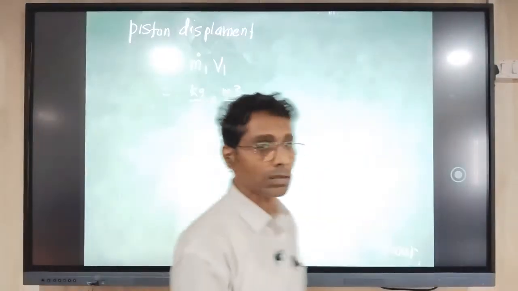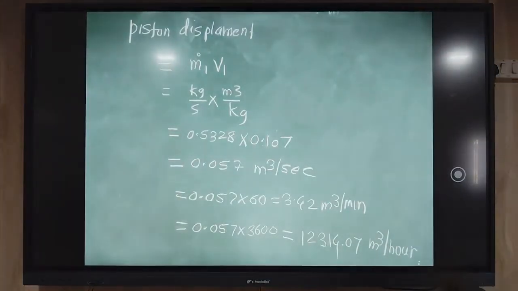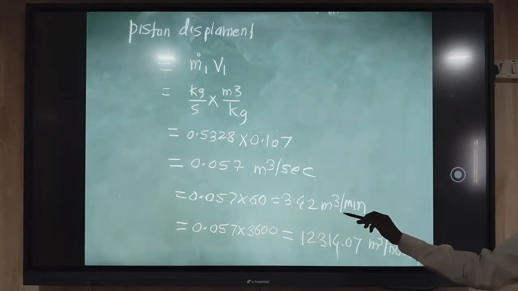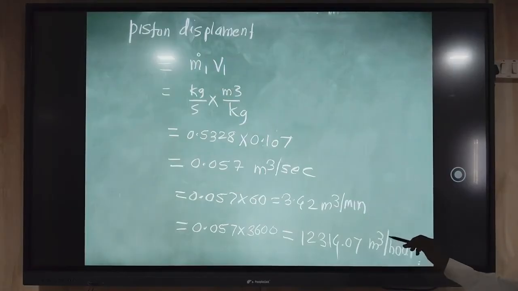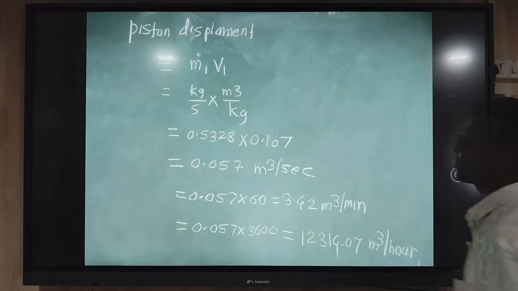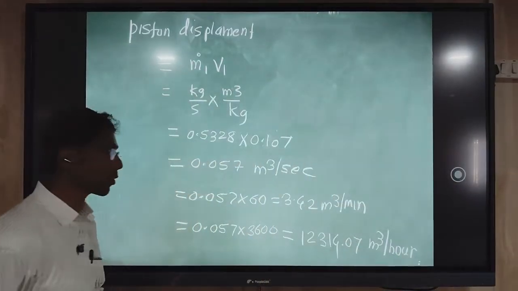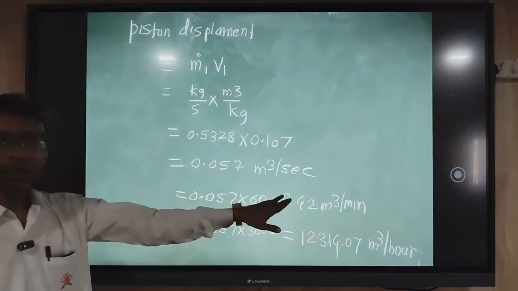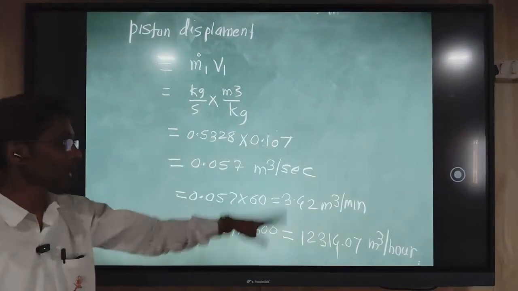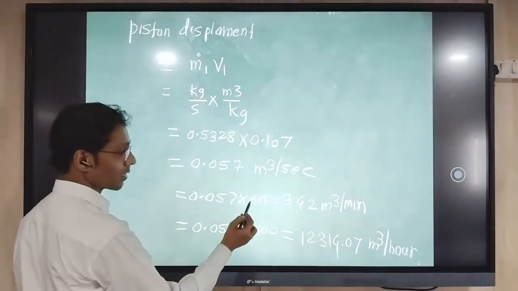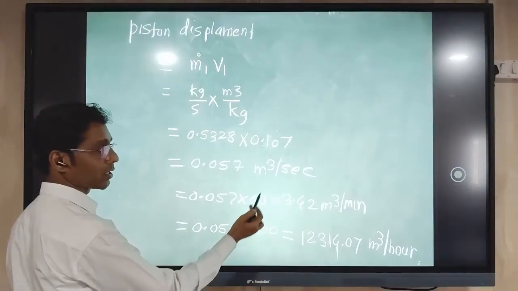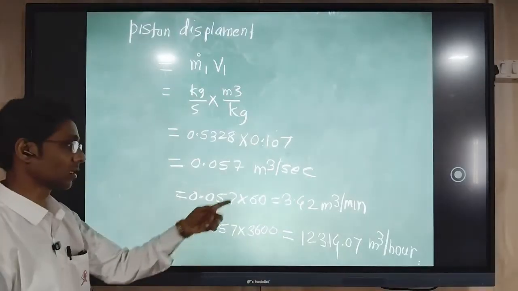Now in the numerical, sometimes it is asked to mention that in meter cube per minute, or sometimes it may be asked to mention in meter cube per hour. So as per the requirement, you can convert the meter cube per second value. To convert that to minute, you have to multiply it by 60 because 1 minute contains 60 seconds.